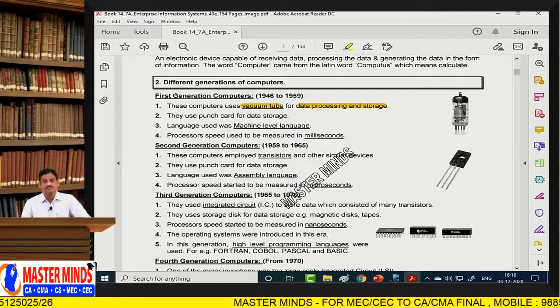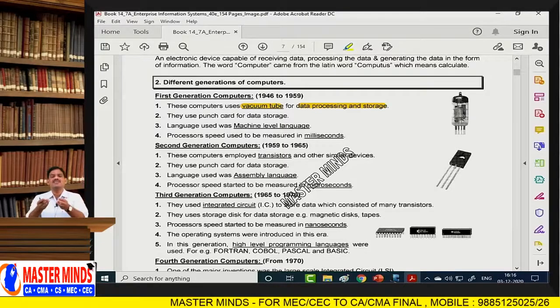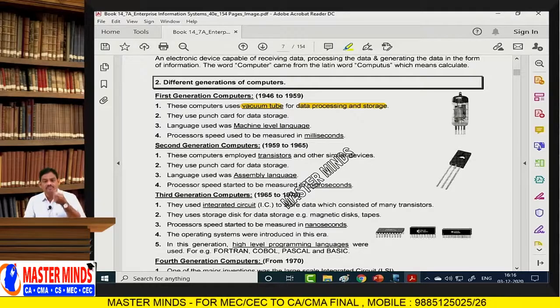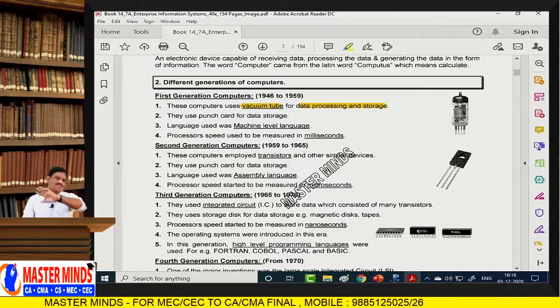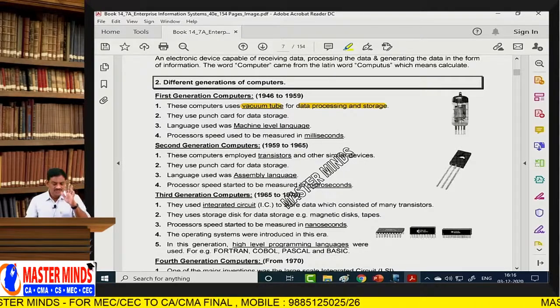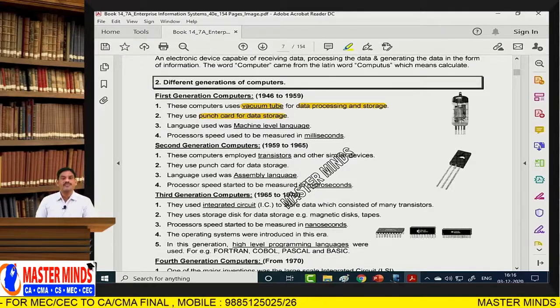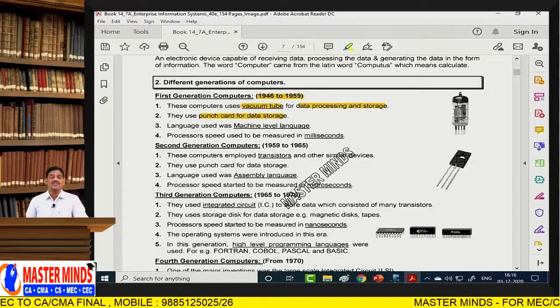Hermann Hollerith designed the punched card. What is a punched card? A punched card is like your mess card, where the presence of a punch represents 1, absence of a punch represents 0, because everything is in the form of zeros and ones. So they used punched cards for data storage, and the era was 1946 to 1959.